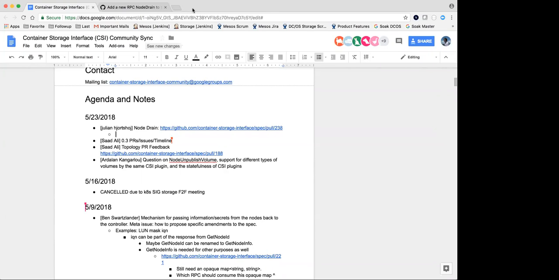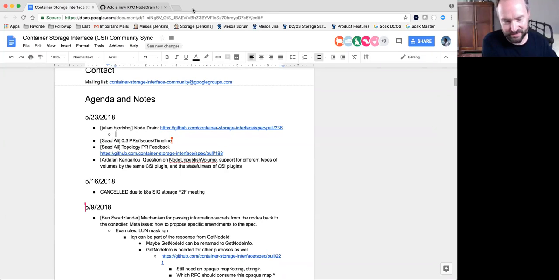So if you've got a workload that's depending on that file system running in a different container and you don't terminate stuff in an orderly way, it's going to end up a little messy, and you're going to end up with workloads that all of a sudden can't get to their file system.